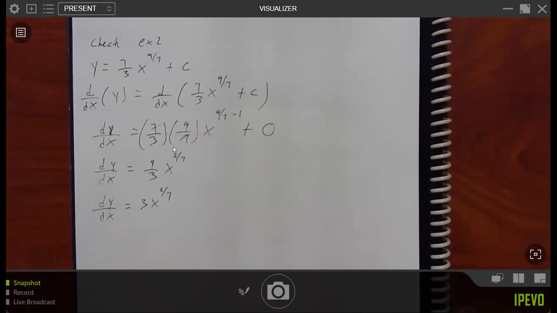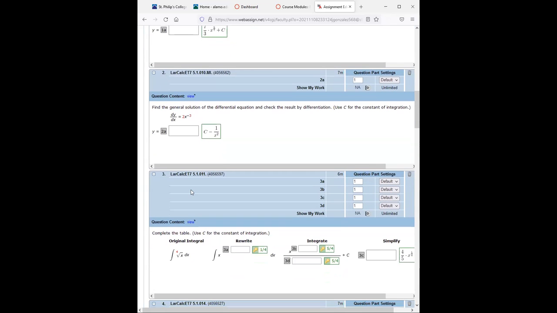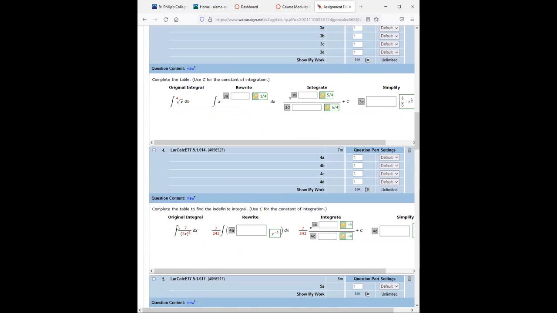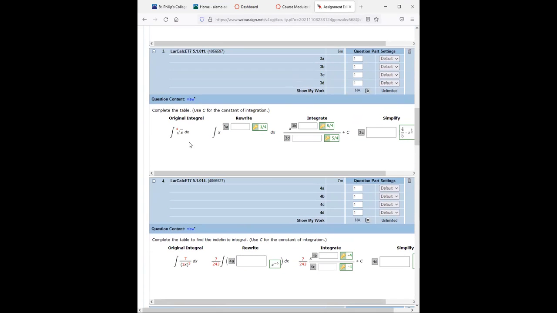I'm not going to keep checking them, I just wanted you to see how they turn out to be the same. It just undoes itself. Okay, so number 2 is the same type of deal. Numbers 3 and 4 are testing you to see if you can rewrite these problems. So let's do 3, I guess.